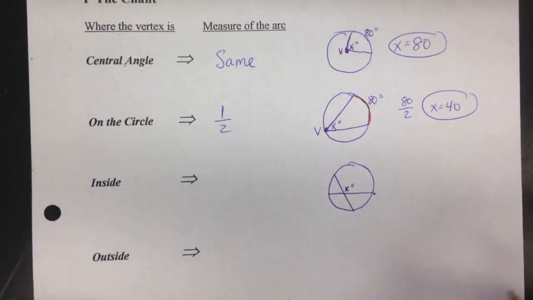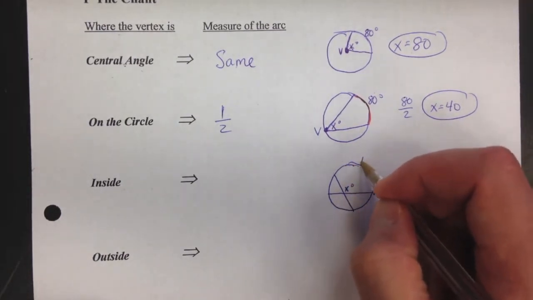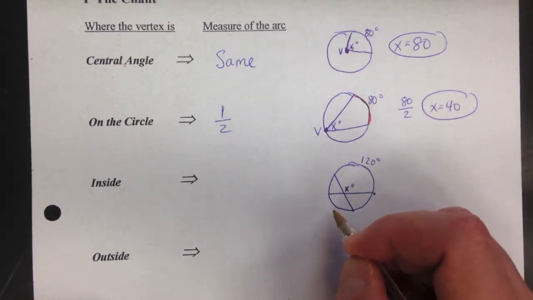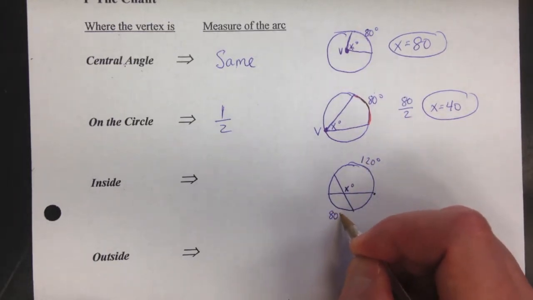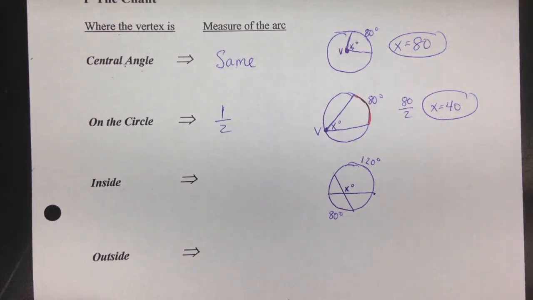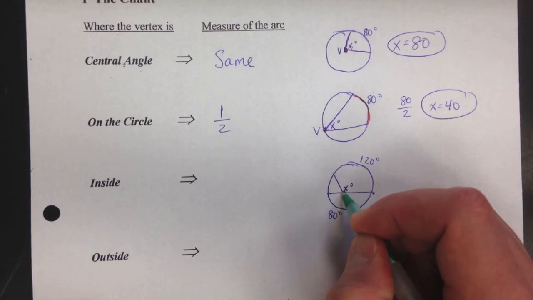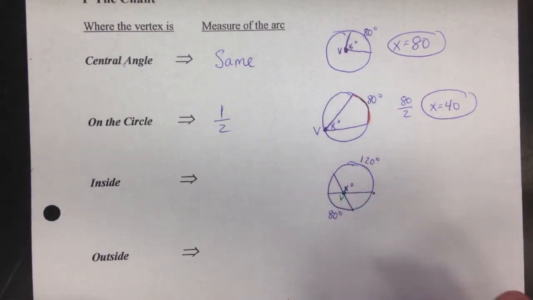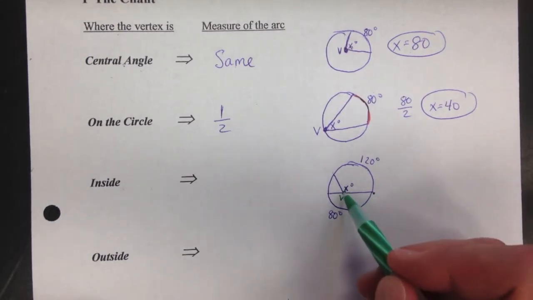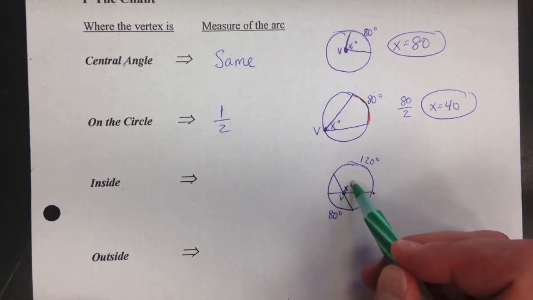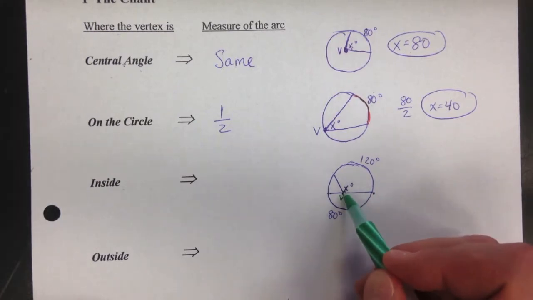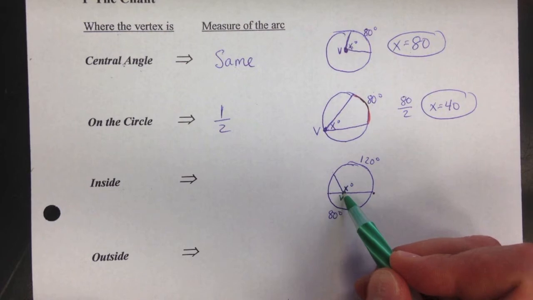And let's say that this arc measure is 120 and this arc measure is 80. First of all, you notice that the vertex, here's V for the vertex, is not at the center, it's somewhere inside the circle. The center is somewhere over here.